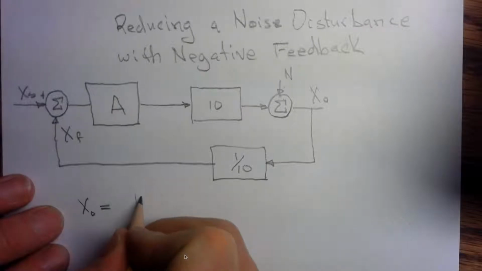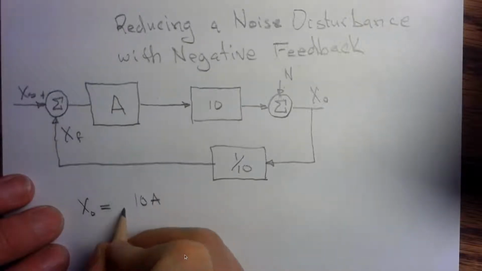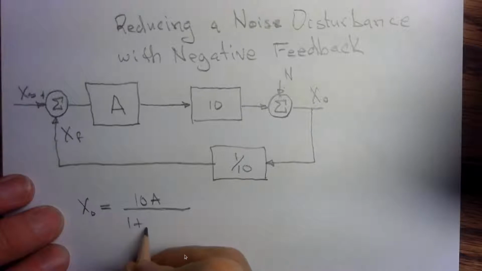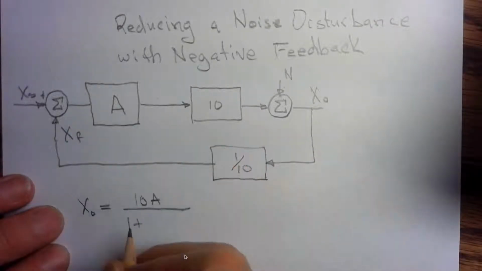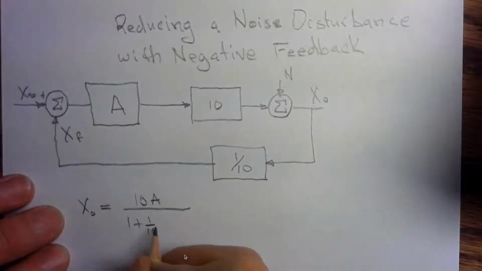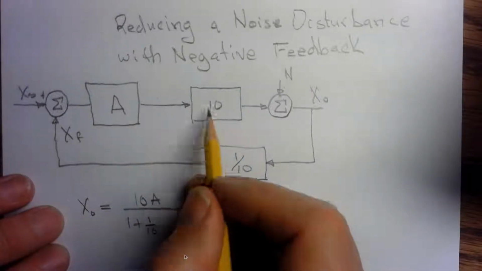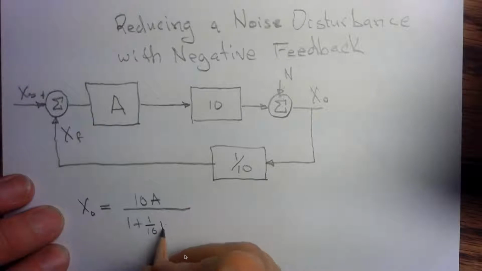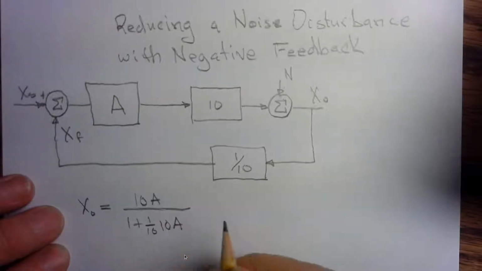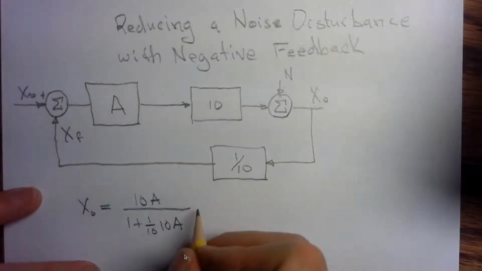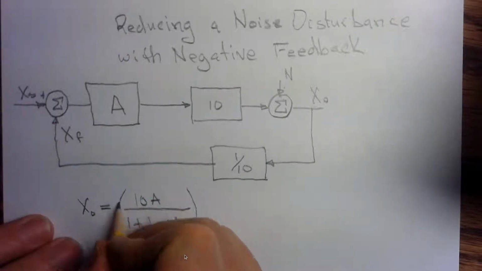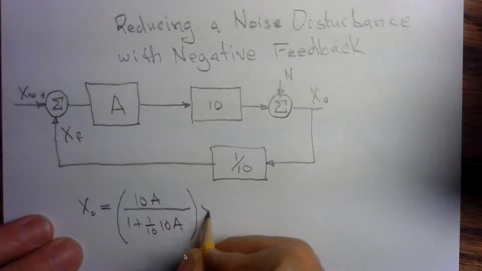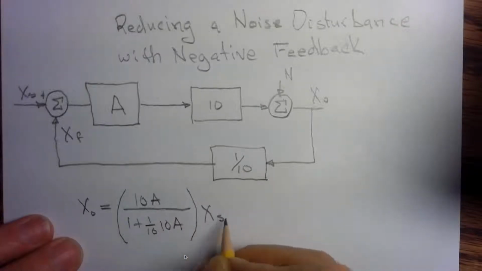So it's going to be 10A over 1 plus beta, which is 1/10, times the gain, which is 10A. And then I've got to multiply that by XS, because this is like the XF here, as you remember from the last video. So this is times XS.